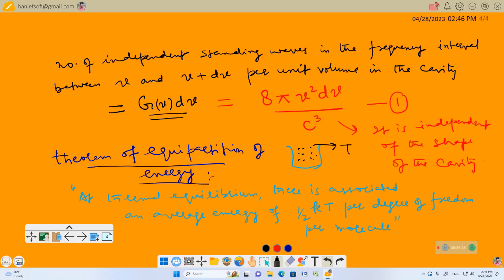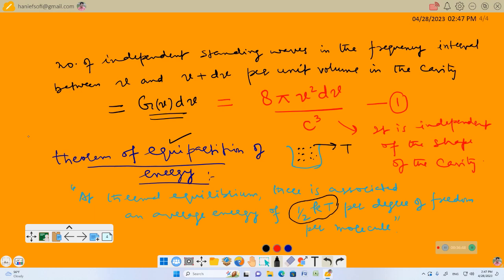Let T be its absolute temperature, that means temperature in Kelvin. Now, this gas is at thermal equilibrium. There is some energy, and that energy is shared between the molecules of this gas. The theorem of equipartition of energy says that per molecule, per degree of freedom, half kT energy will be distributed.